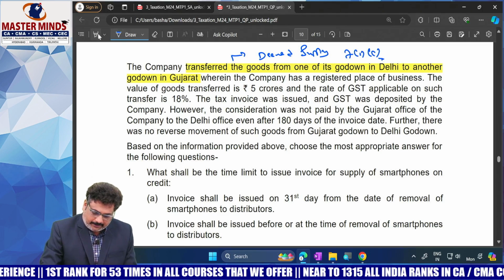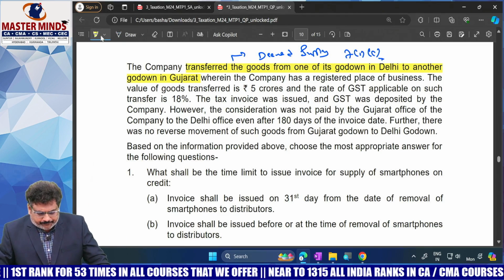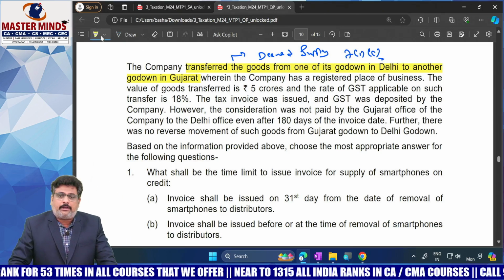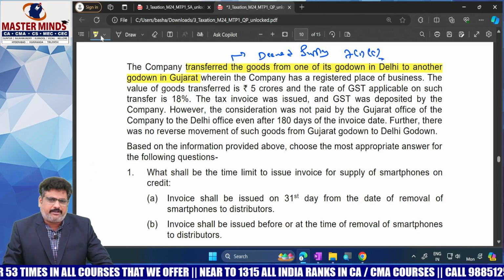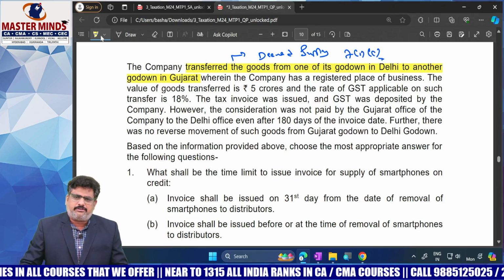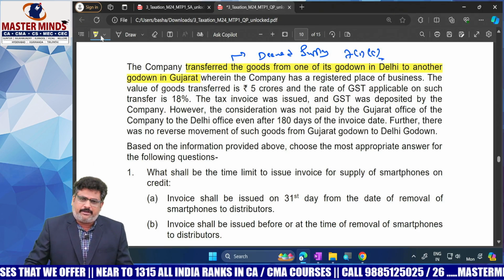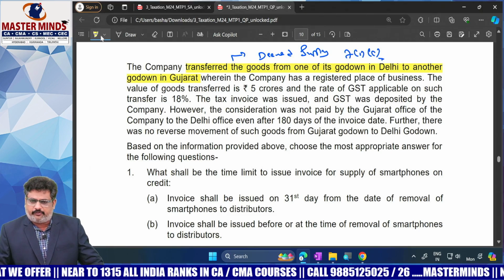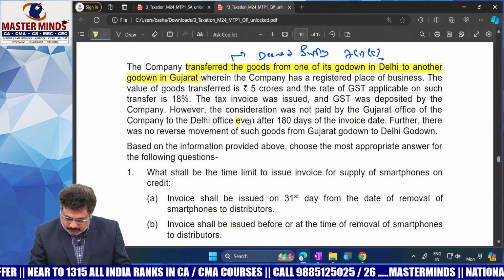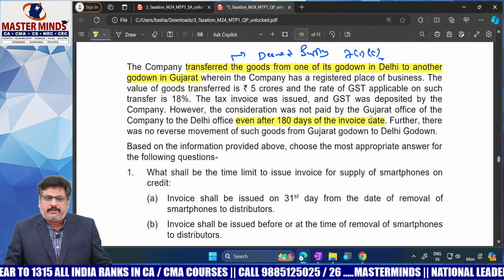And the next thing is the tax invoice is issued and the GST was deposited by the company. However, the consideration has not been paid by the Gujarat office of the company to the Delhi office even after 180 days of invoice date. See this, 180 days of invoice date.